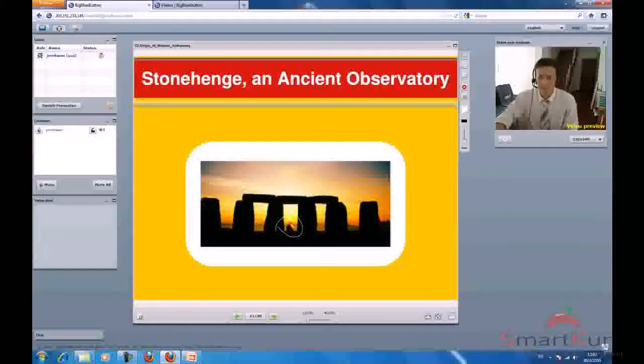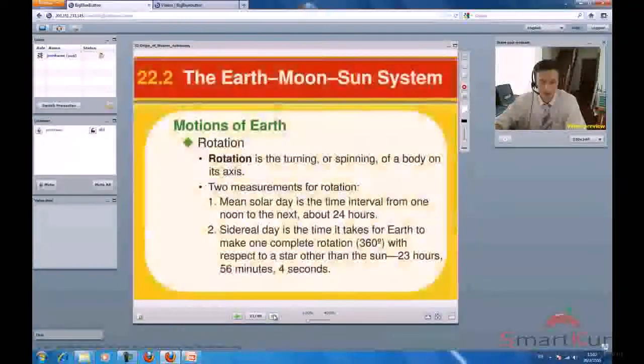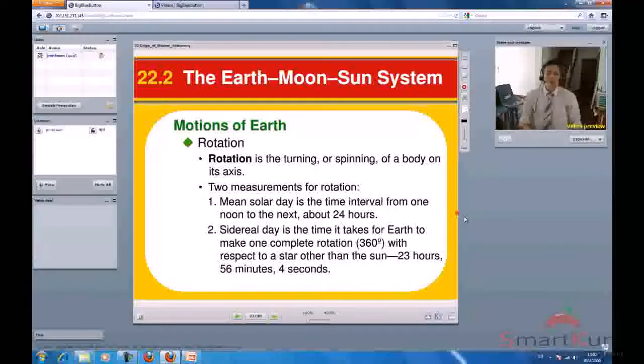Slide 22, we see a great picture of Stonehenge, an ancient observatory. It's a big ring of rocks with other rocks placed outside. And if you stand at the middle, you can see the sun will rise and set over the rocks on certain days of the year.